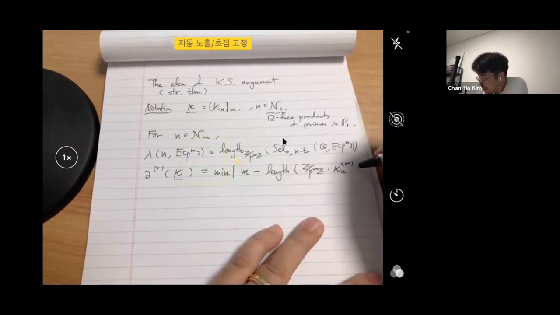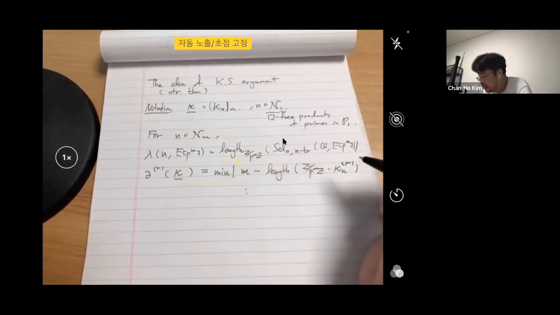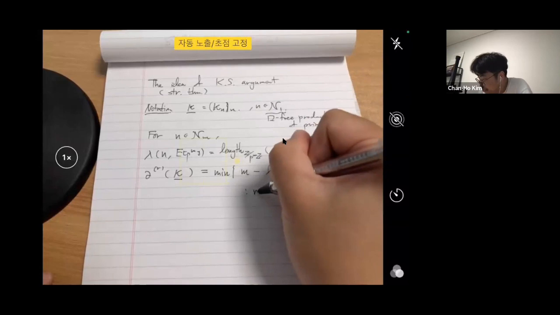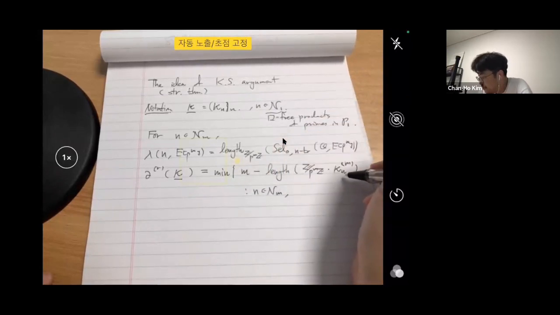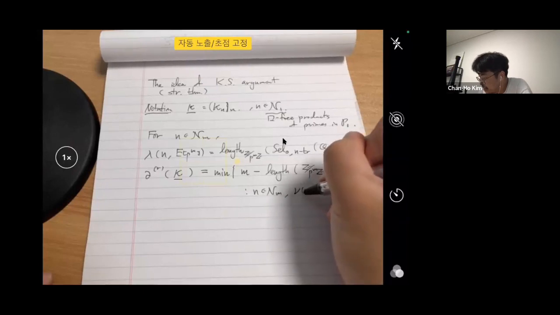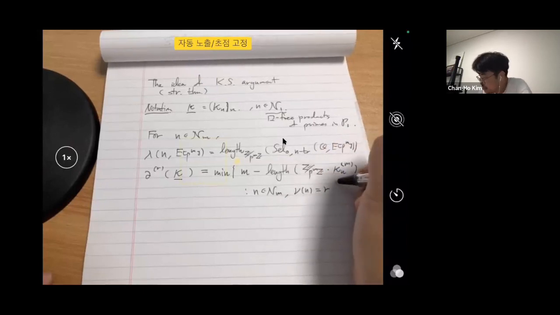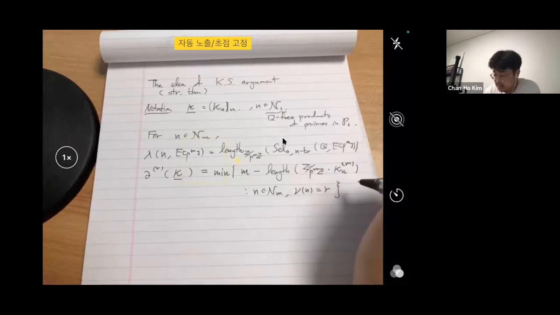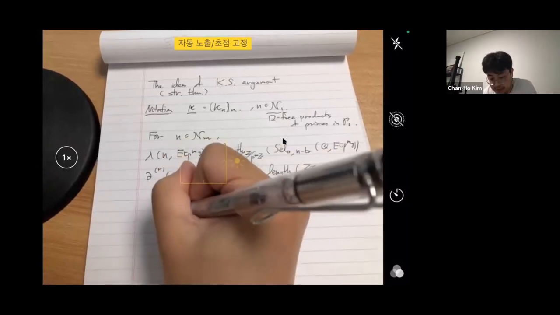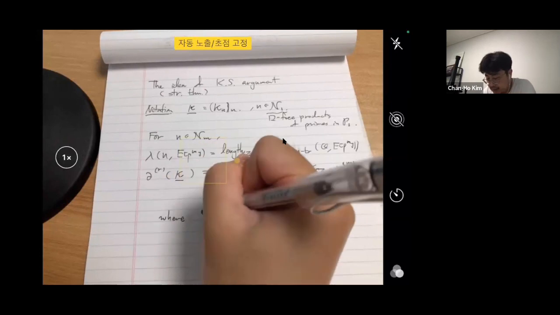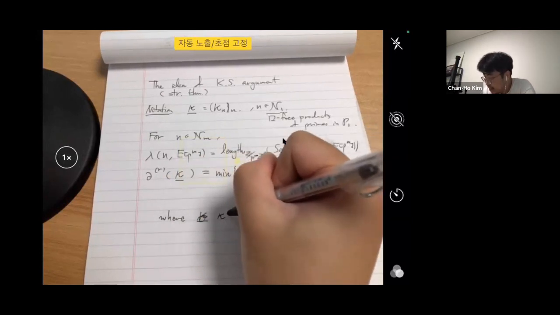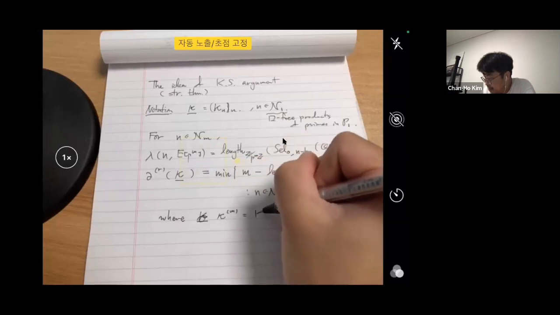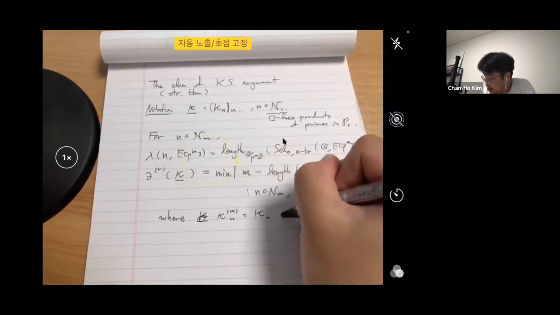M here, and okay, I need to make a connection with this n and this r. N is of course in here, but the number of divisors of n is r. Where, okay, this upper m, what's the meaning of upper m, where kappa m is kappa modulo p to the m.